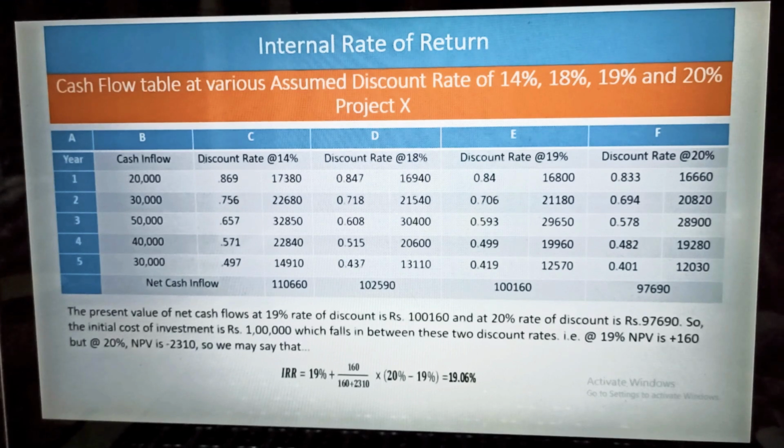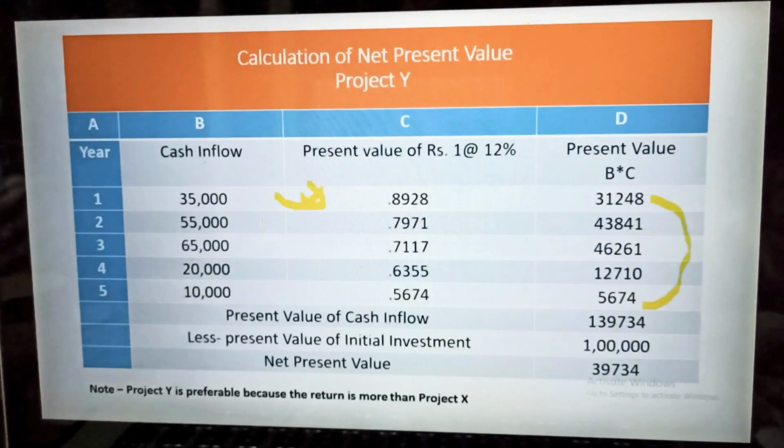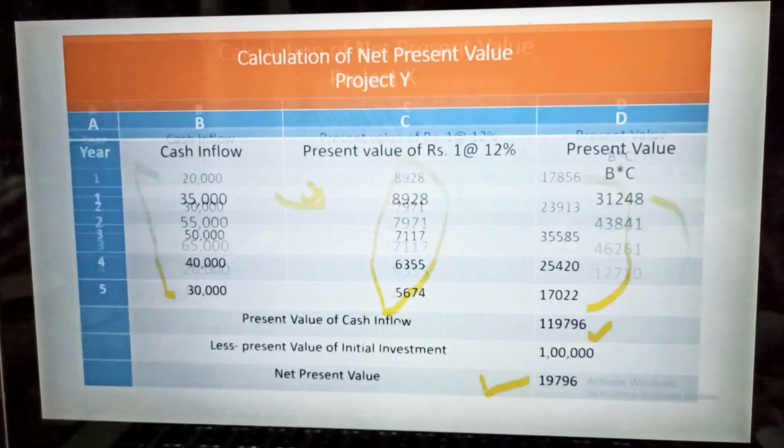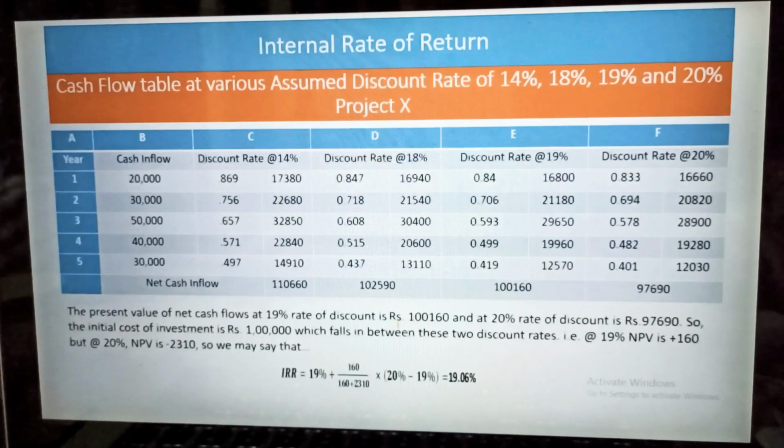First we will use the discount rate at 14%. As I told you, I am using the present value table, so you can go back and check the same value from the present value table. At the rate of 14% it is given, so I have taken 0.877. Like that you can check here, 0.869 or 0.877, it is the same.